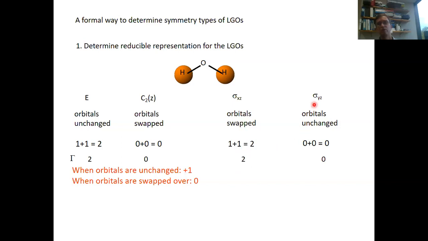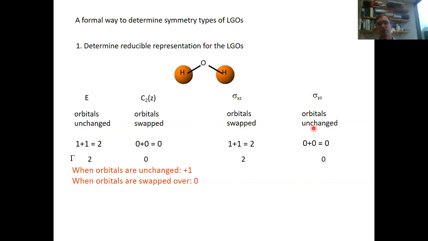Now to determine the last character of our reducible representation, we need to look at our second mirror plane. This one stands perpendicular to the plane of the molecule, and it moves the left orbital to the right side and the right orbital to the left side.